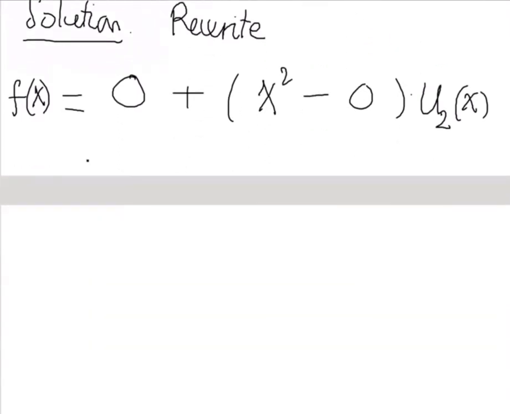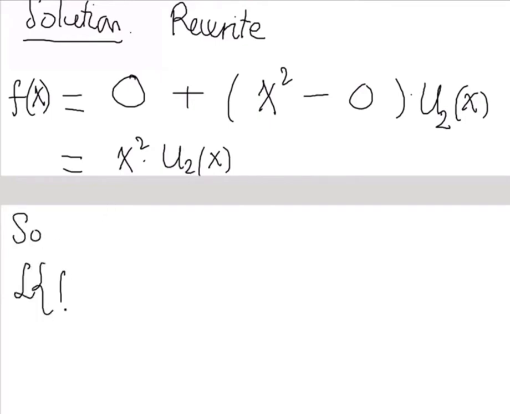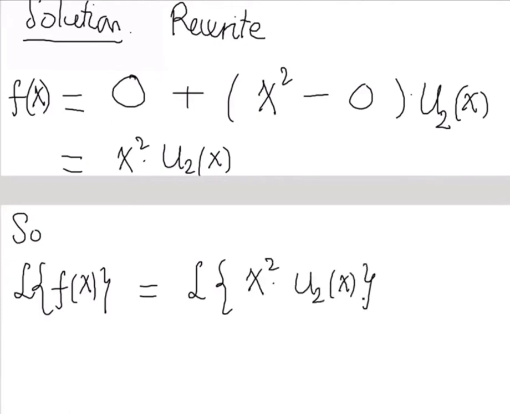So basically the function is x squared times u2 of x, a simple formula. So the Laplace transform of f of x is the Laplace transform of this x squared times u2 of x. Right? Laplace transform of a function times a unit step function.